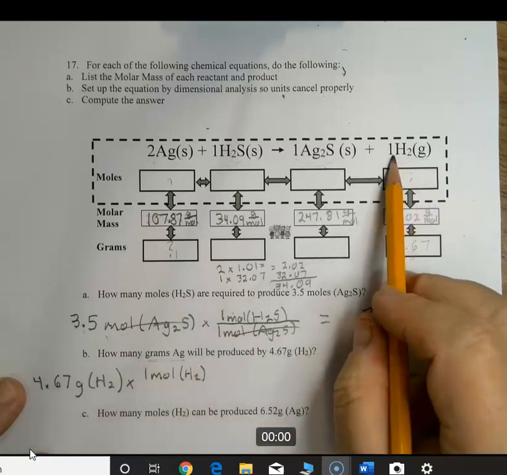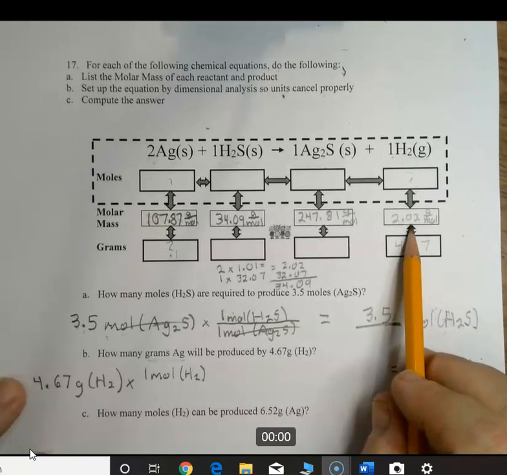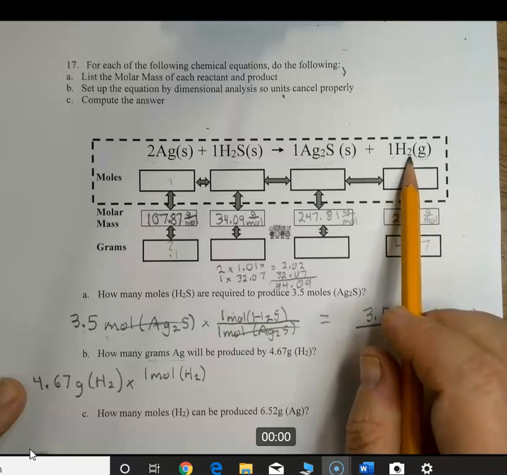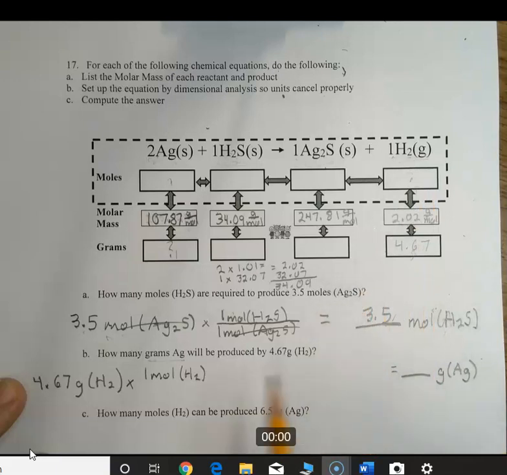And it's not because that's 1. It's simply because 1 mole of H2 is 2.02. The 1.01 for hydrogen, and you got 2 of them in a molecule, so it's 2.02. So it's 1 mole of H2 for every 2.02 grams of H2.